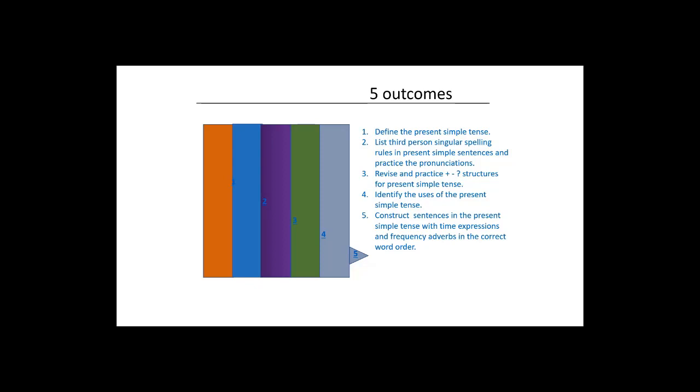Now, for each lesson, we're going to split the outcomes so that we can have a lesson that is shorter and clearer. So for today's lesson, we're going to look at outcome 1 and 2.